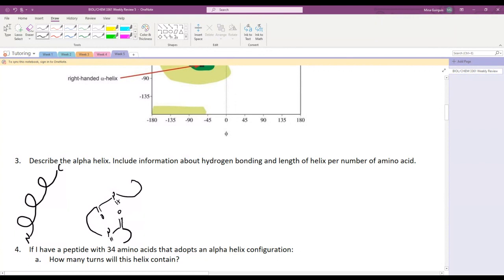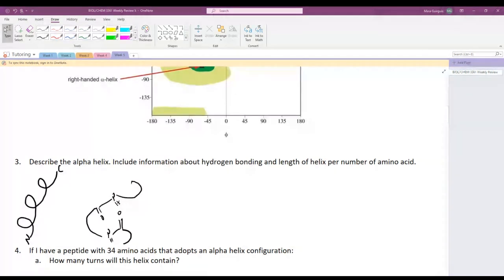And so what we see is the C terminus of the first few amino acids binds to an N terminus a couple amino acids further.